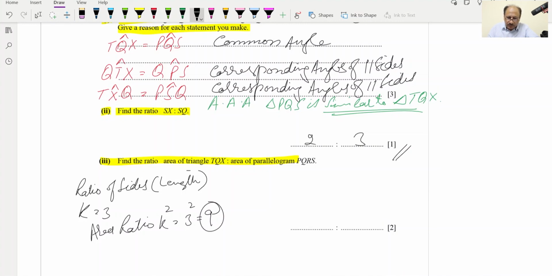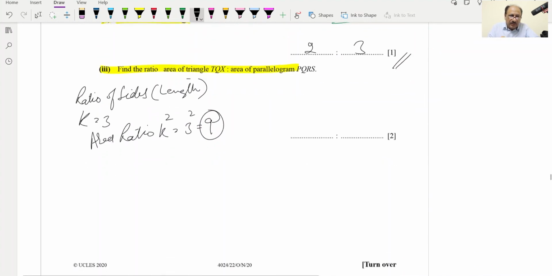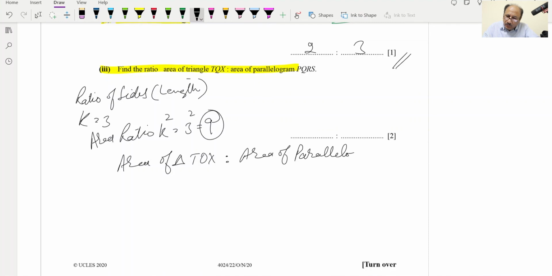So for ratio between area of triangle TQX and area of parallelogram PQRS will be what?